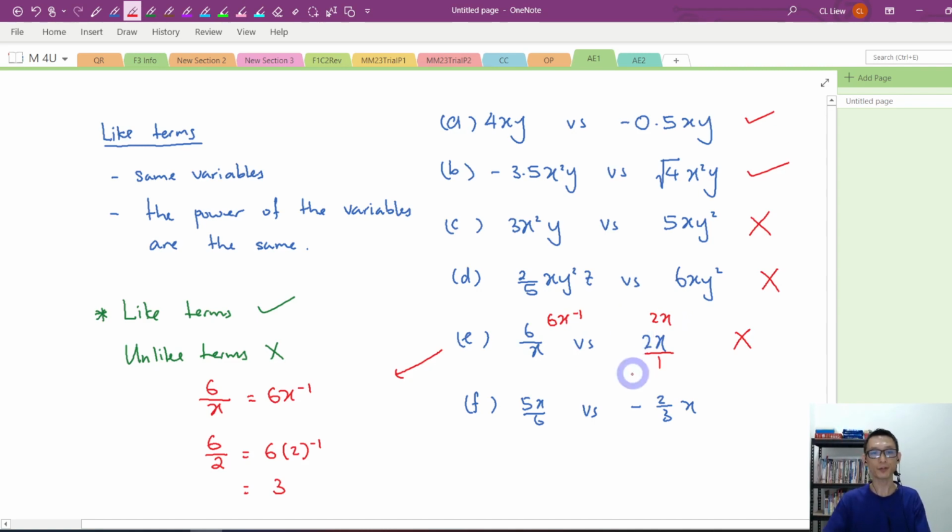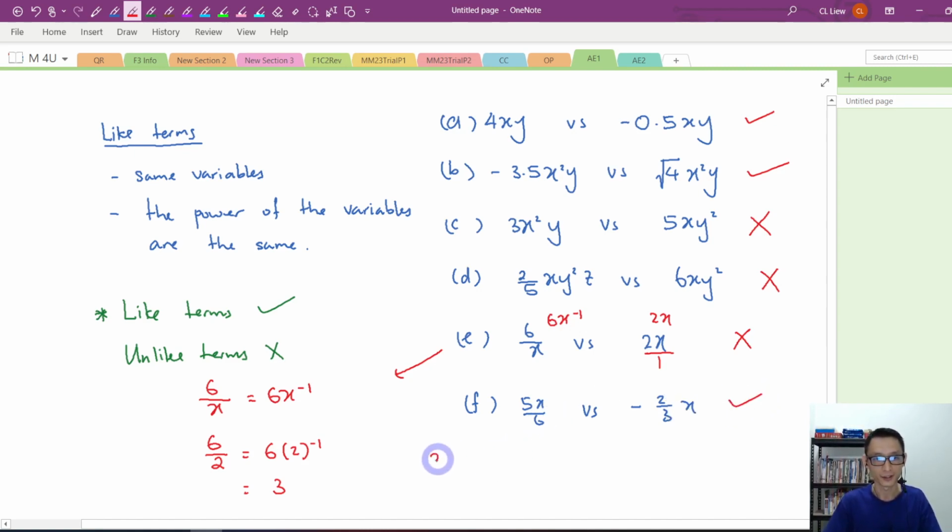Okay? Now, how about this one? So you might be thinking these two are not like terms because the x here is at the top of the fraction as the numerator, and the x here is at the middle of a fraction, but they are actually like terms.